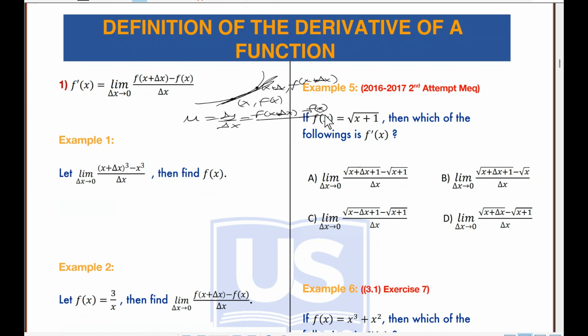Change in x is the x component of the second point minus the x component of the first point. So the x's will cancel, and the slope becomes f of x plus delta x minus f of x all over delta x. This represents the slope of a tangent line at a point. Okay, so this is the form that we need to know.